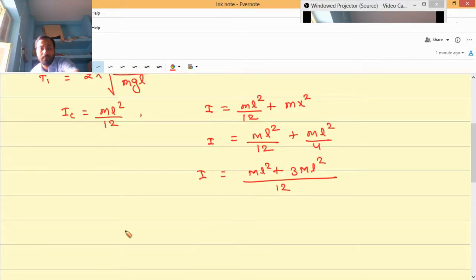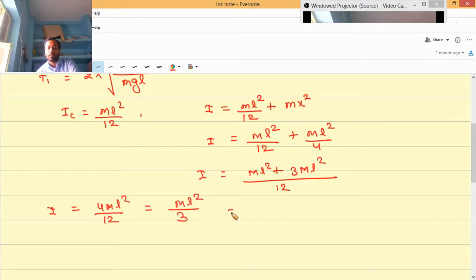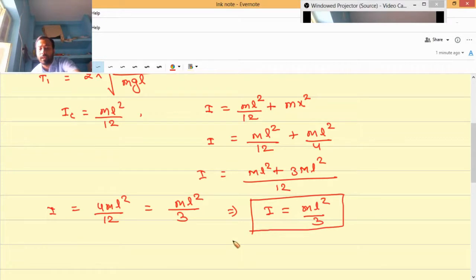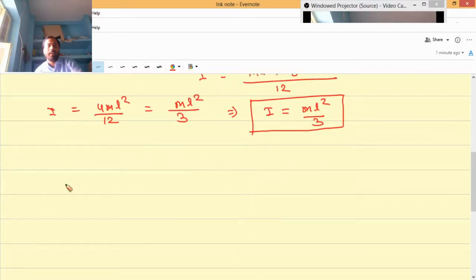So the moment of inertia is 4 mL square by 12, so it is mL square by 3. The moment of inertia about the suspension point is mL square by 3. Now we can easily calculate the value of the time period.